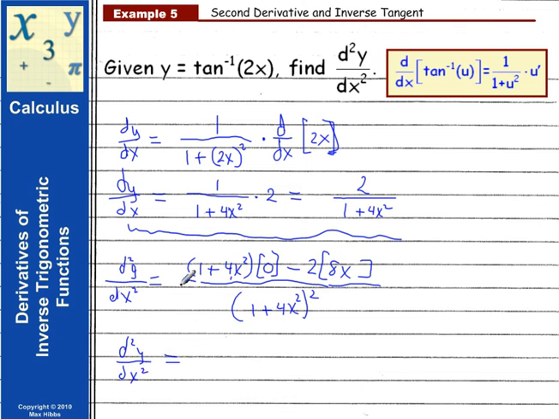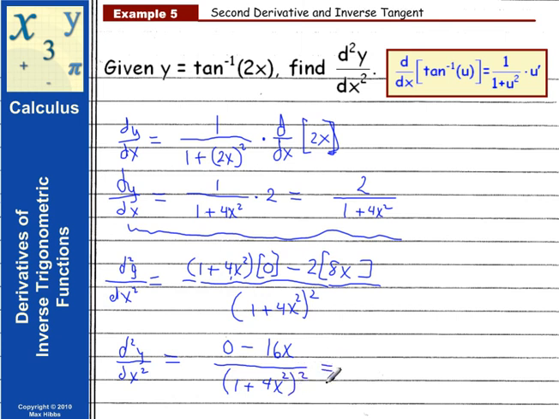This first term is 0. 0 times anything is 0, so we get a 0 in that first position, of course. And in the second position, we get negative 16x. And of course, that's all divided by 1 plus 4x squared, and that binomial is squared.